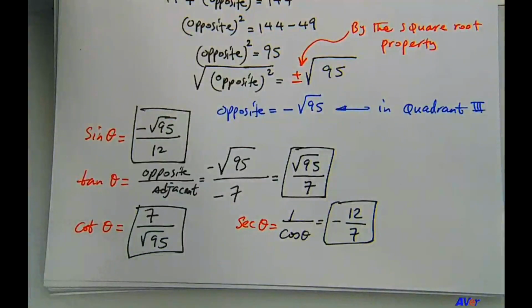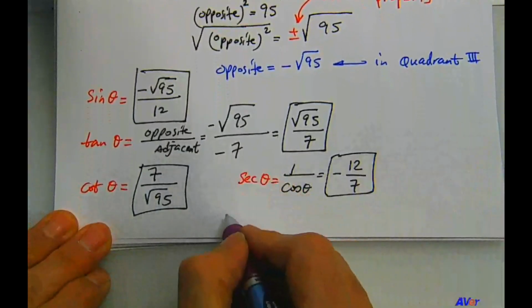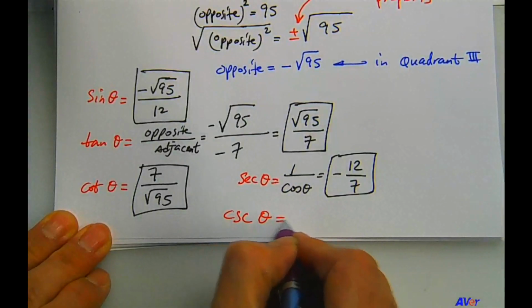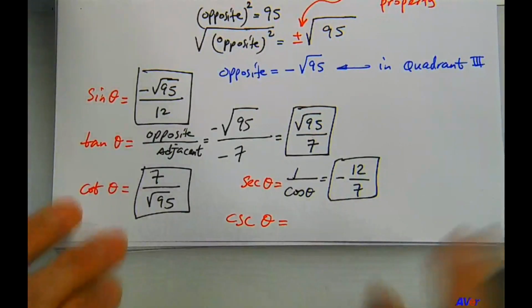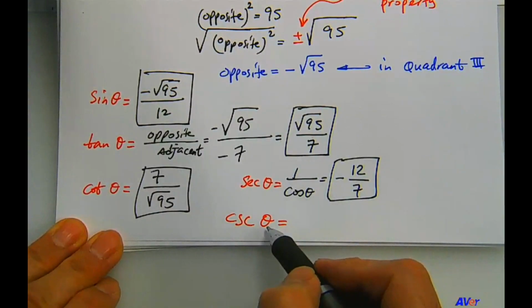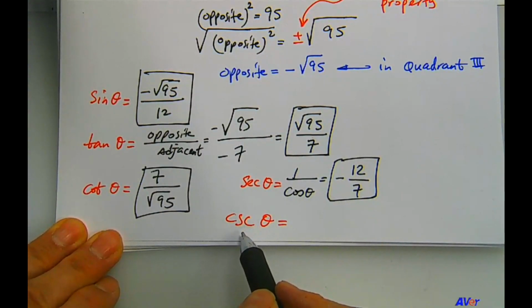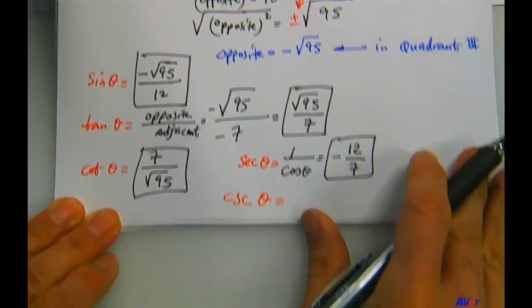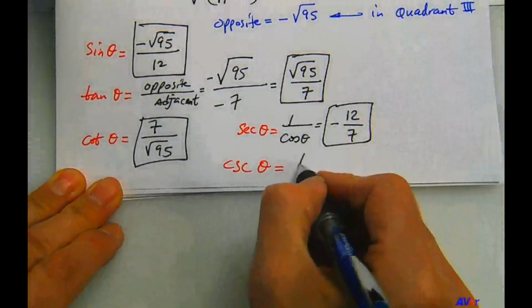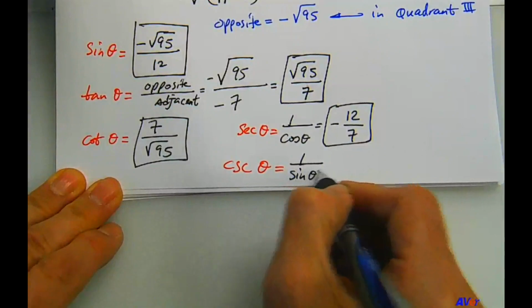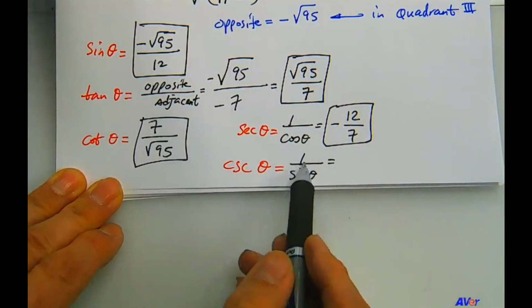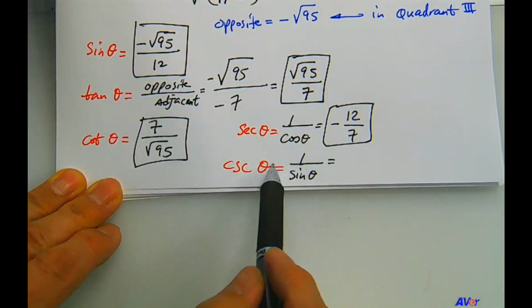Okay, finally the last one, the cosecant of theta, is equal to, do you remember what trigonometric function is the reciprocal of this? That's the sine function, right? So 1 over sine of theta. So that means it's the reciprocal of the sine of theta.